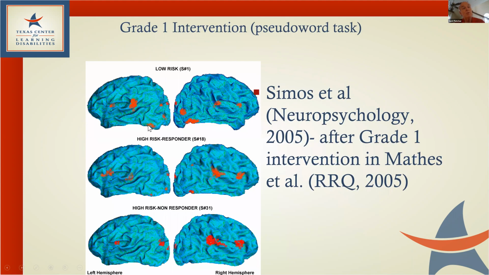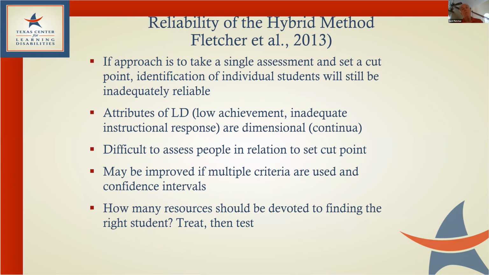These are brain imaging studies. This is a typical achiever. This kid responded to the intervention. This kid did not respond to the intervention. Again, I validated this classification with norm reference assessments. But if all I do is go in and assess instructional response, it's not reliable.